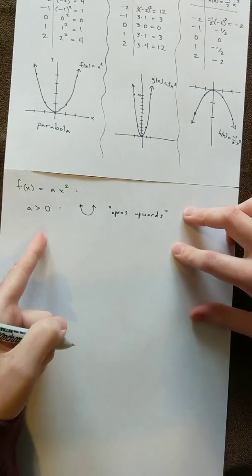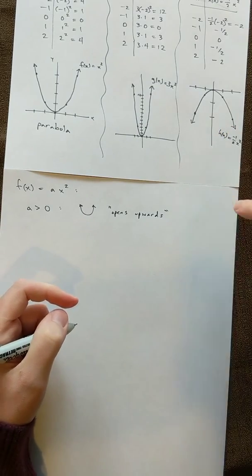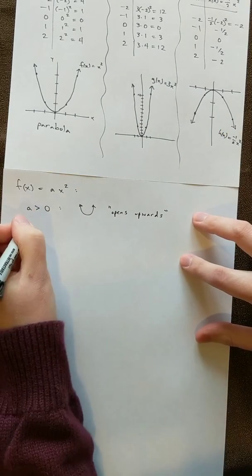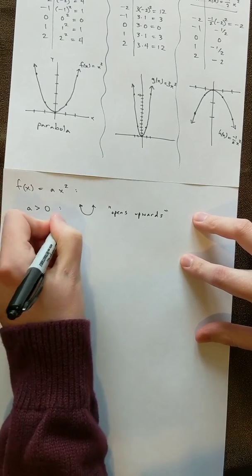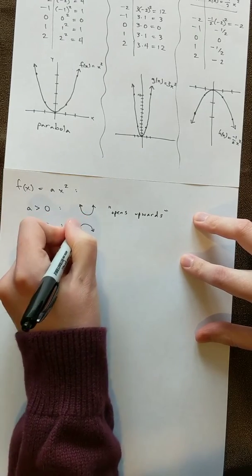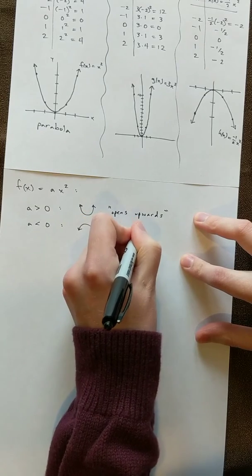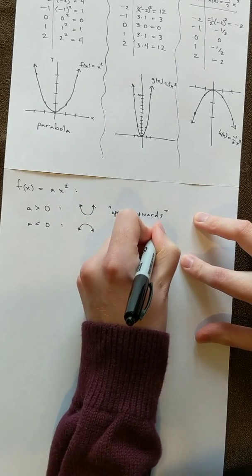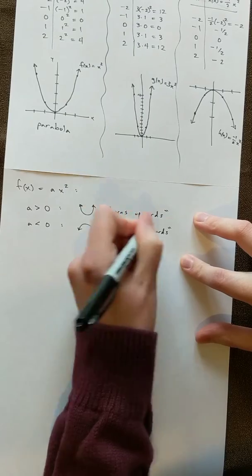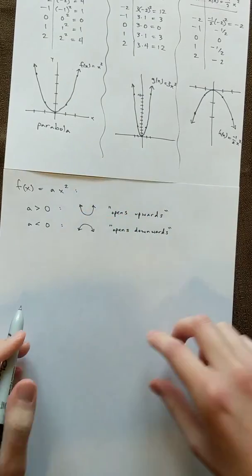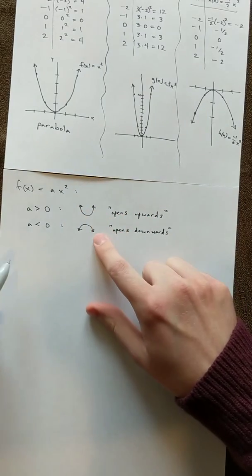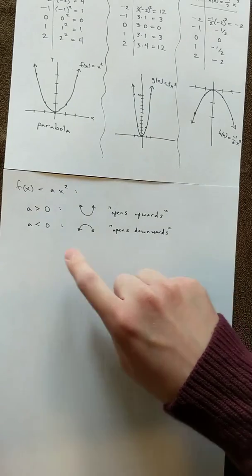If a is a negative number, then we're getting this shape, which is an upside down parabola. And so I'm going to describe that as opens downwards. So we either have a bowl shape or an upside down bowl shape, and it's all based on the number a.